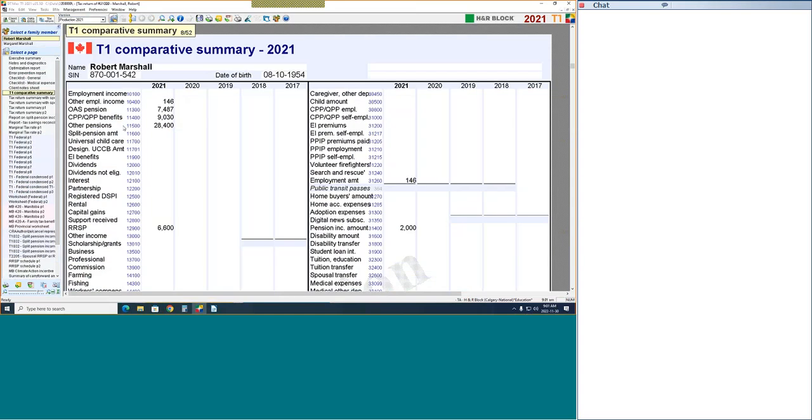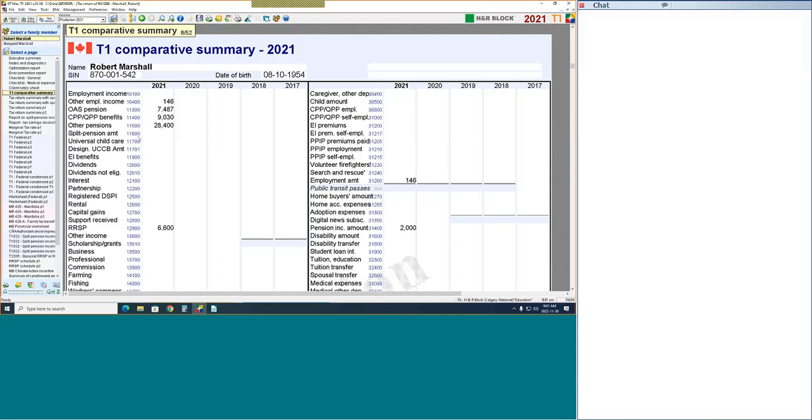I will also remind you we have the comparative summary. You're not going to be using it all that much in this course because we're not doing that many files that have multiple years of data, because you'd have to go back and create all those years of data, and that's a lot of work. But in a real world setting, we often can use this to see what the history of split pension has been. So you will have times where your clients will have had a split pension every year and they're used to it being a certain amount of money.